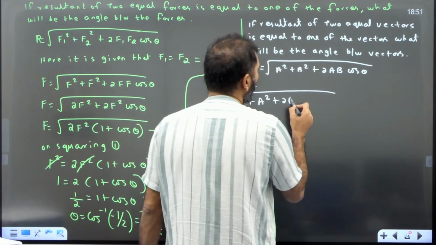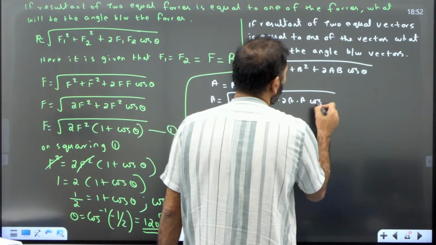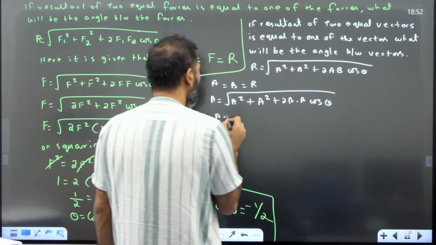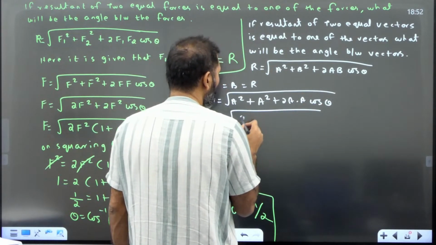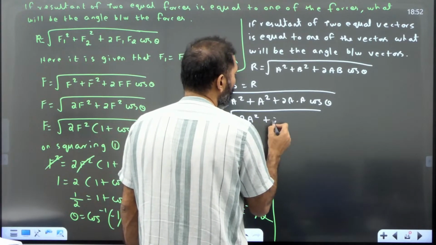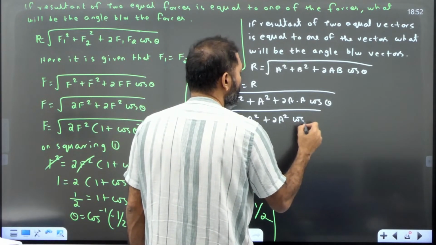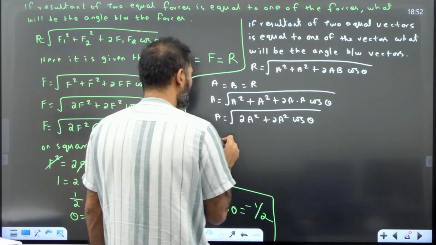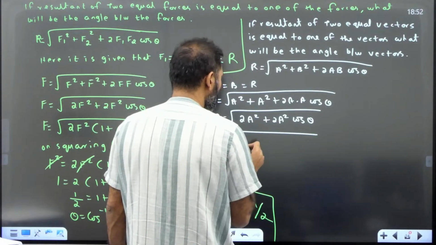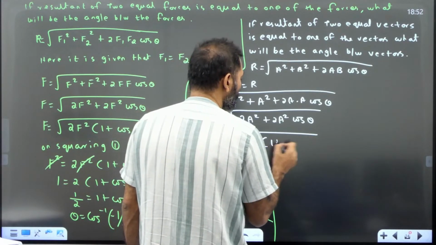So A equals root of A square plus A square plus 2AA cos theta. So A is equal to root of 2A square plus 2A square cos theta. If you take 2A square outside, it is root of 2A square into 1 plus cos theta.